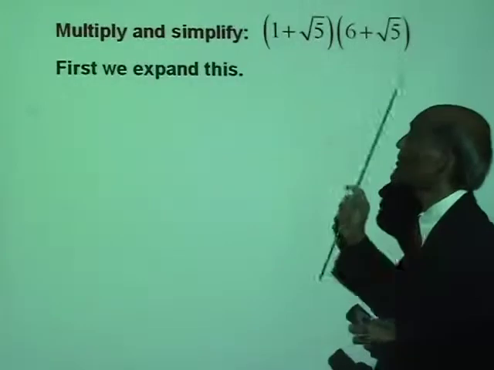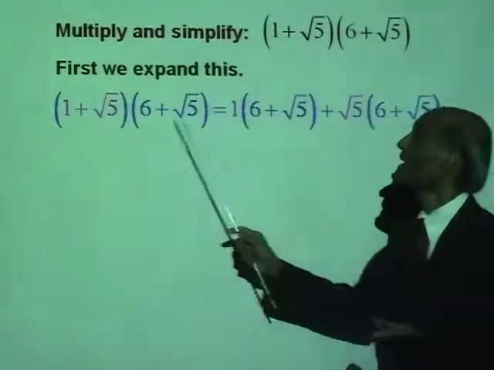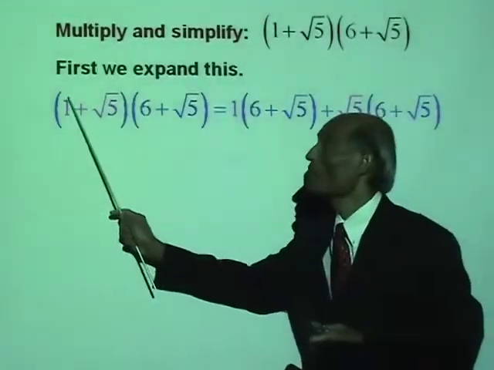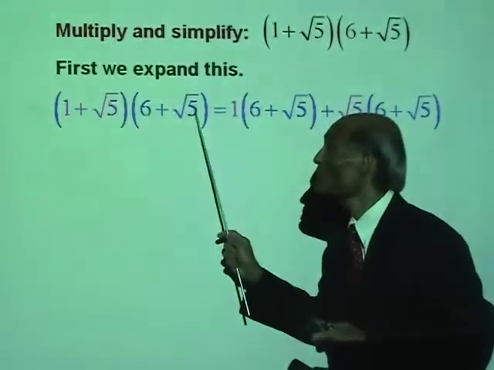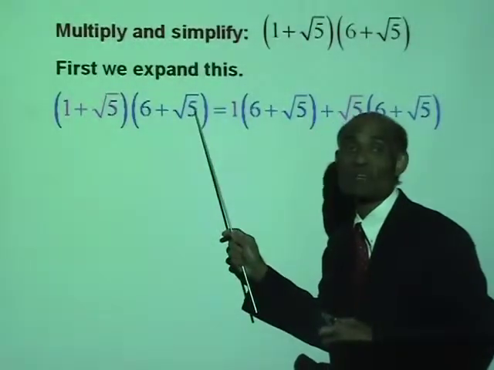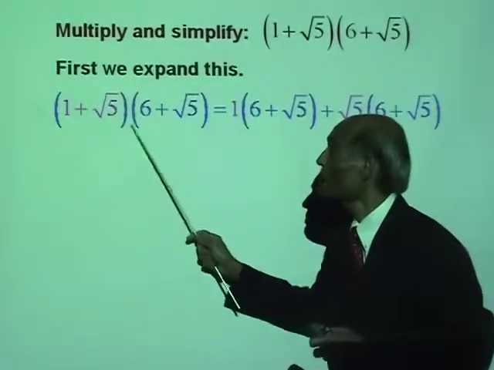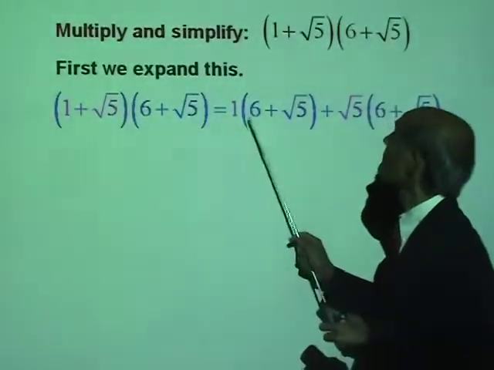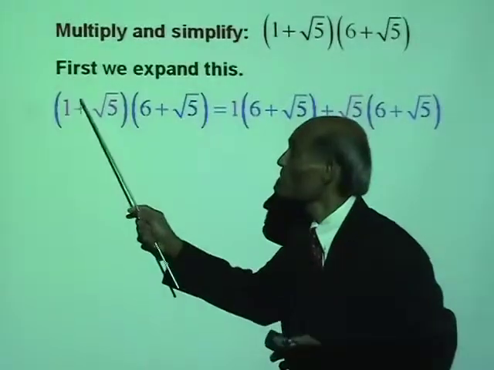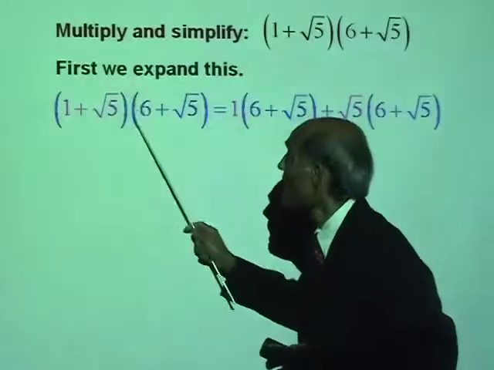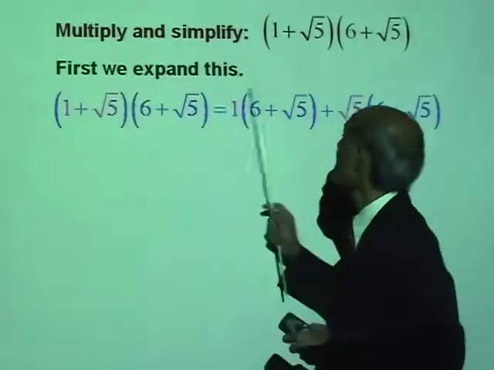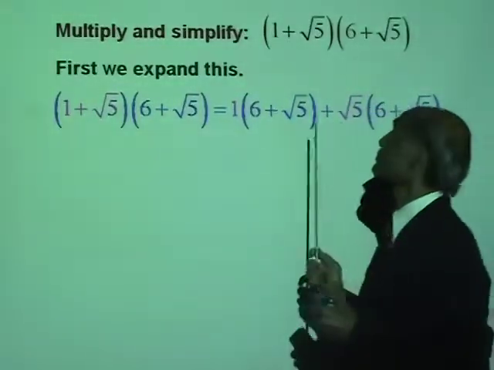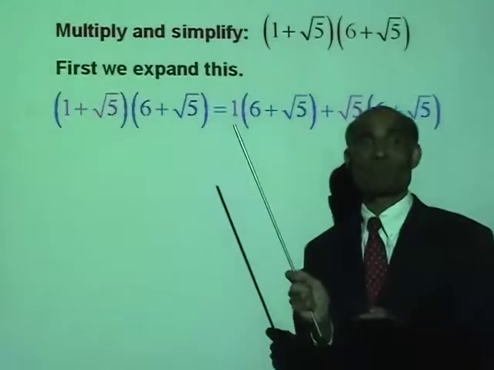First we expand this and look at the way it is expanded. First multiply this 1 with each of the terms inside the second parenthesis. 1 multiplied by 6, or we can do it like this. 1 times 6 plus square root 5, plus square root 5 times 6 plus square root 5.